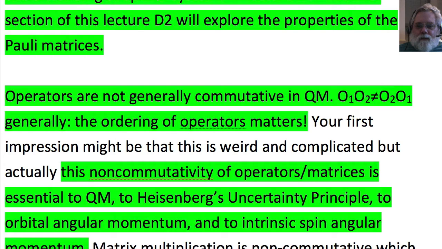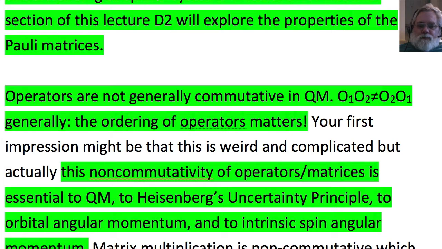Now, operators are not generally commutative in quantum mechanics. Operator 1 operating on operator 2 is not generally the same as operator 2 operating on operator 1. When we say operating, it is always from the left. So generally, order matters.